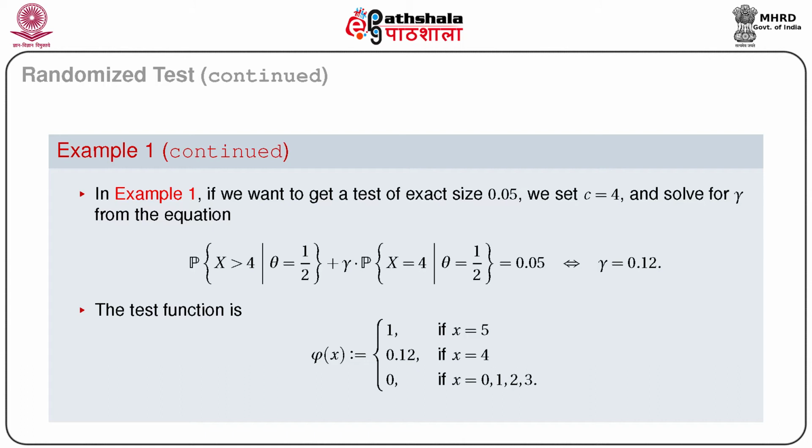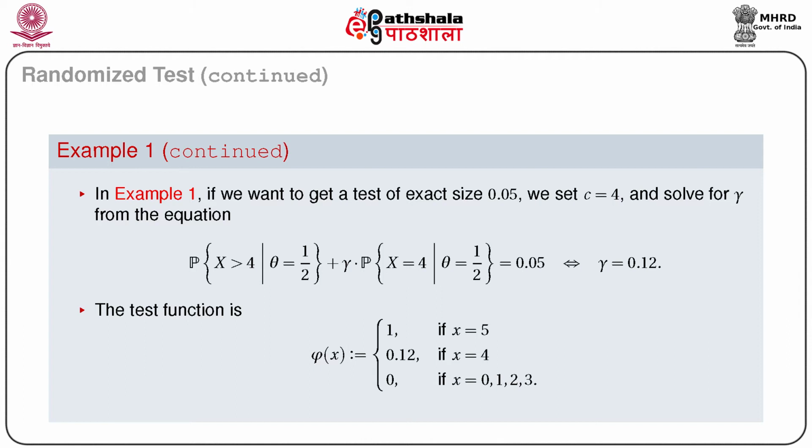Therefore, the test can be interpreted as follows. If the observed value of x is greater than 4, that is, the number of successes is greater than 4, we reject H0. But if the number of successes is less than 4, we accept H0. But if the number of successes is equal to 4, we perform a random experiment with probability of success 0.12.